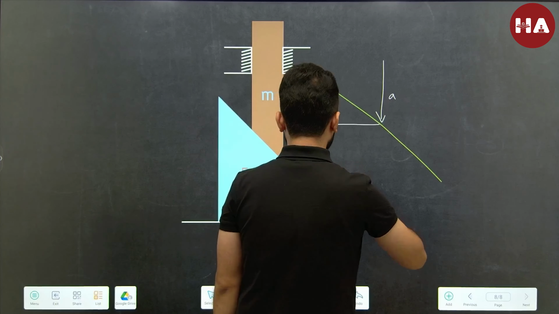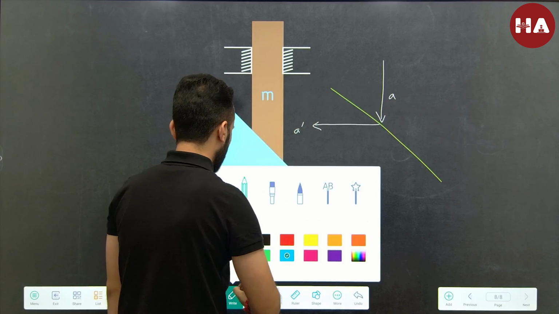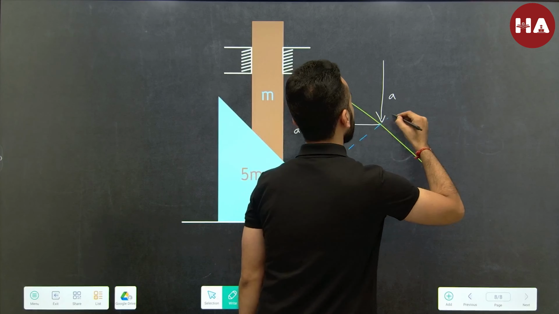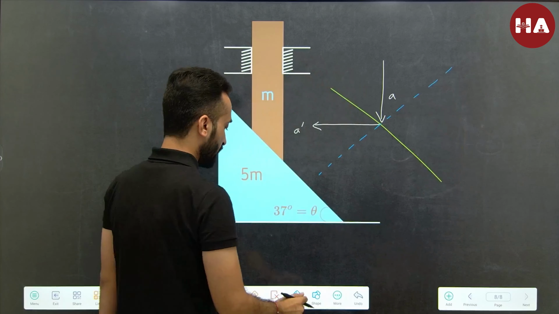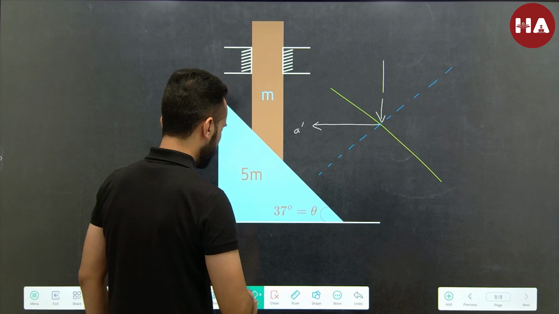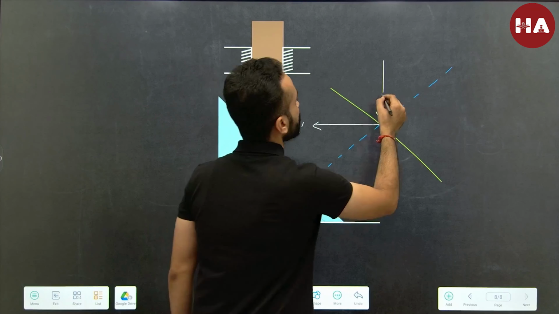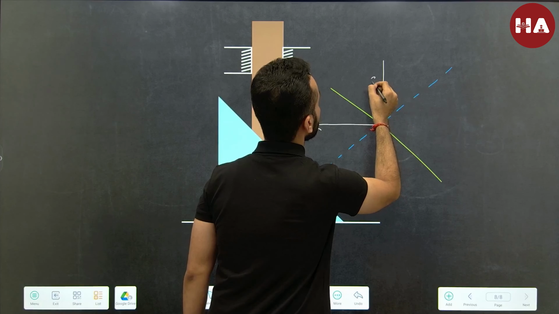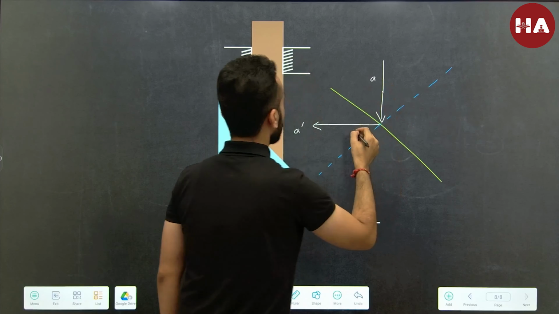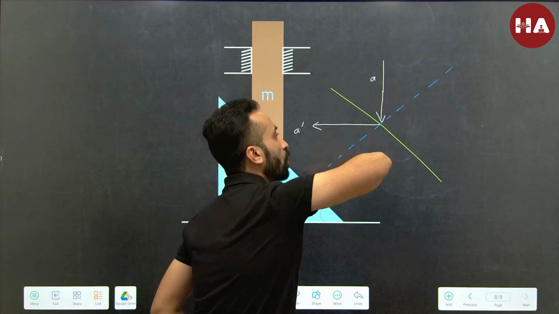So what I am going to do is draw a common normal. Let's say this is a and this is a dash. I'm going to take the components of a and a dash along this common normal.